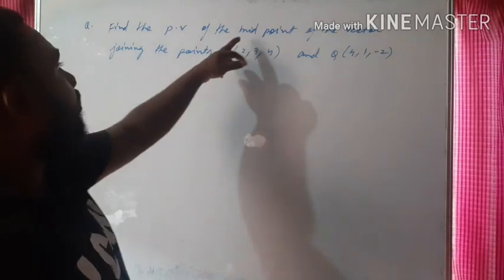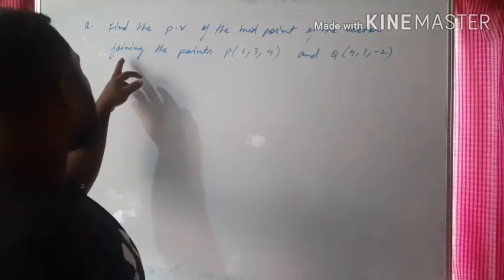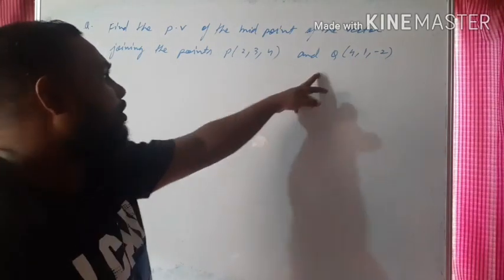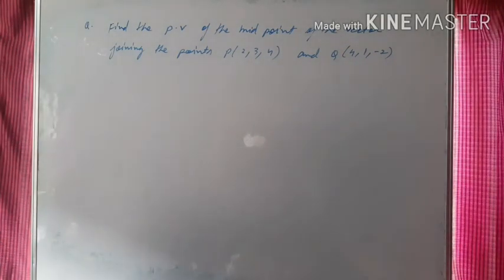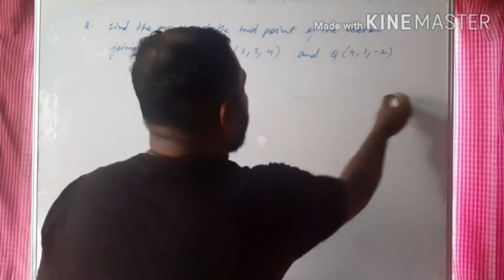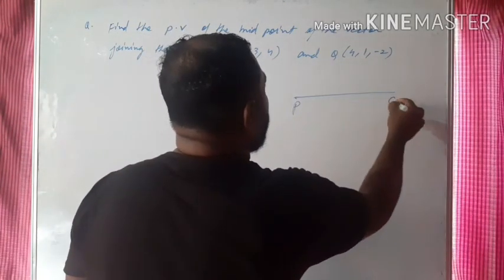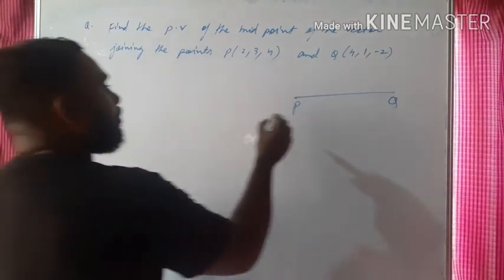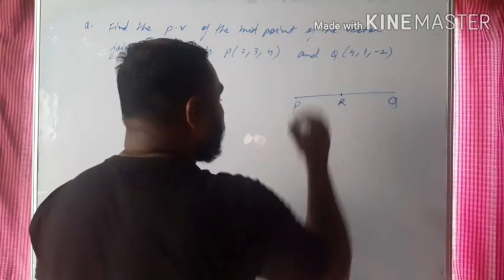Find the position vector of the midpoint of the vector joining the points given. Two points are given and we will have to find the midpoint joining P and Q. So I want to find the position vector of the midpoint.